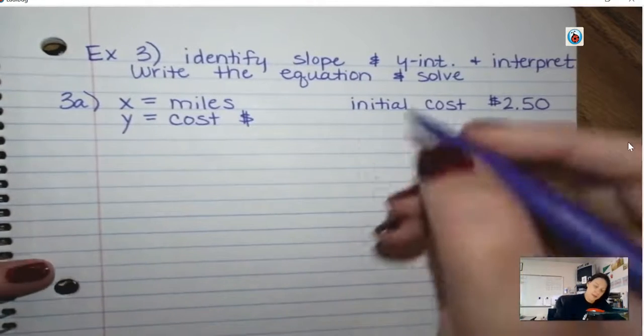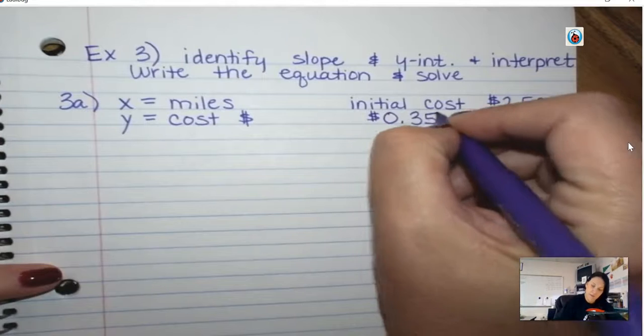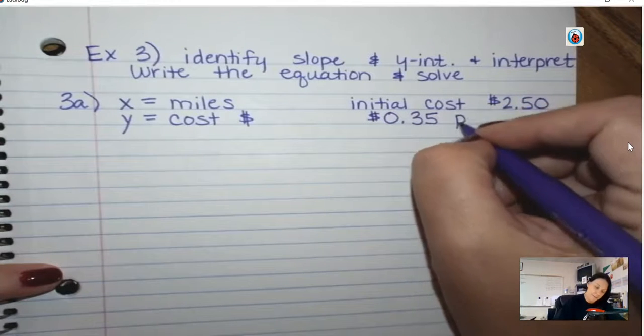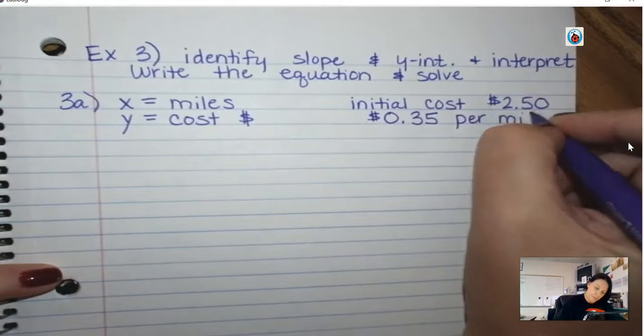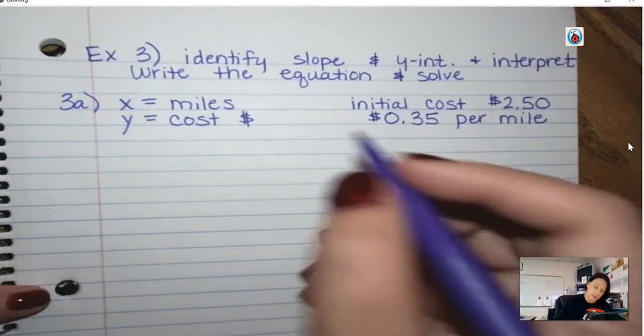And then it says it's 35 cents per mile. And then the main question is saying find the cost of going 10 miles.